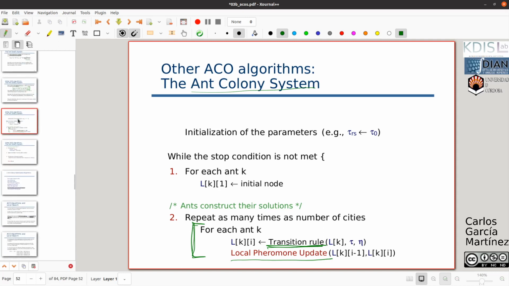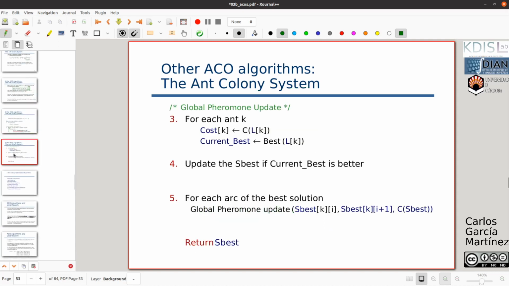The rest of the code is almost the same, because at the end, when these ants have produced their solutions, then the solutions are evaluated and the best one, the global pheromone update is applied. And in this case, the global pheromone update only considers the best ever solution.